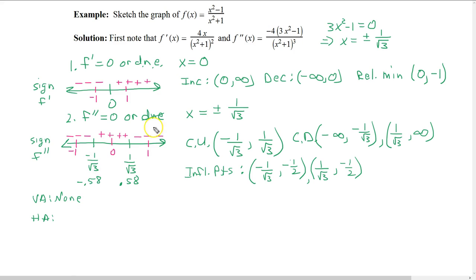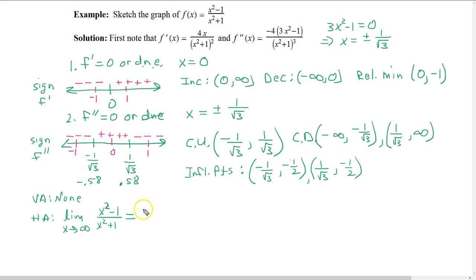Horizontal asymptotes. Well, the limit as x approaches infinity of this function, using our rule that states that we can just look at the quotient of the leading coefficients if the degree of the top equals the degree of the bottom, which they do in this case.